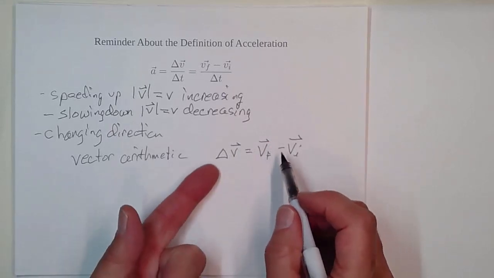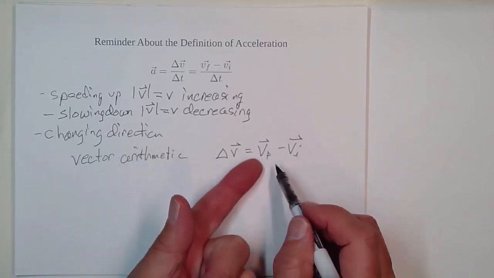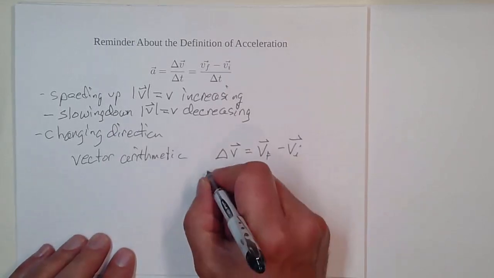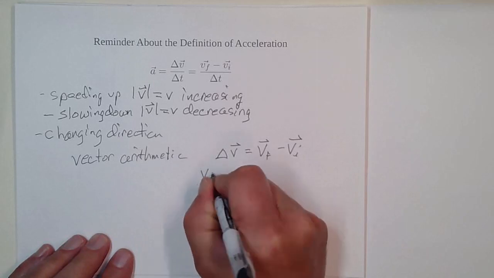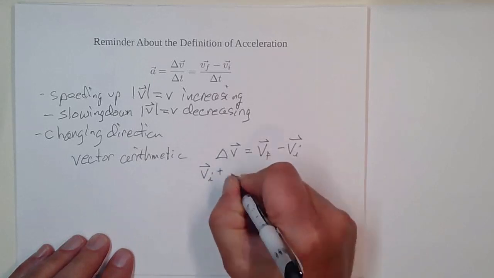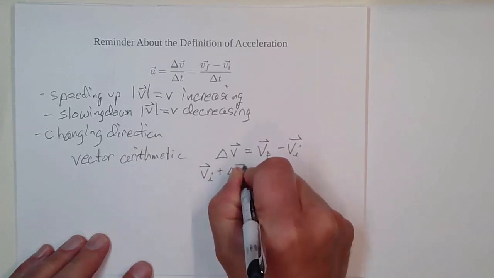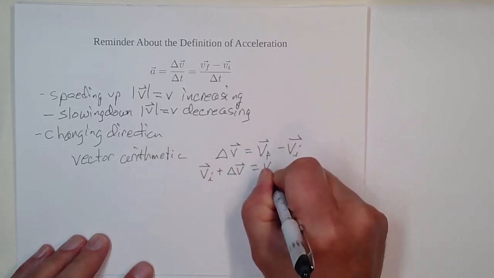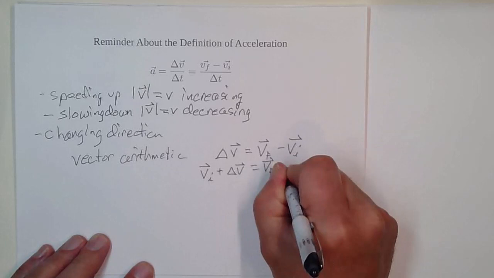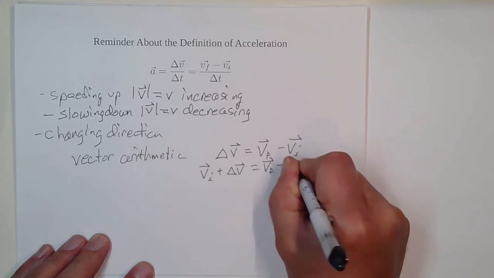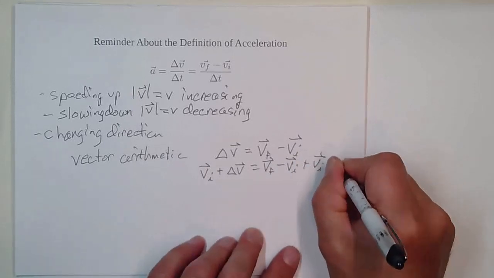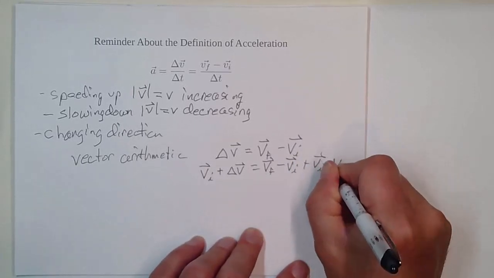We usually define things, if it's a delta, it's the final minus the initial. Now, if I add v initial to both sides, on the right side, v final minus v initial plus v initial, those two add to 0. This is just going to be v final.